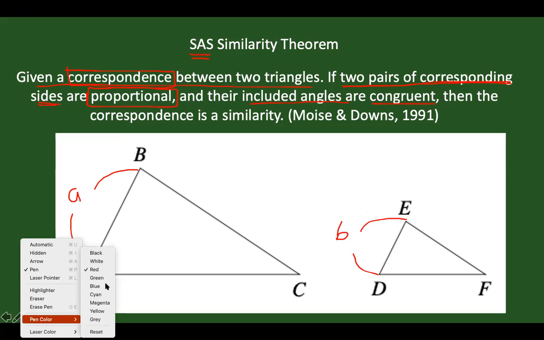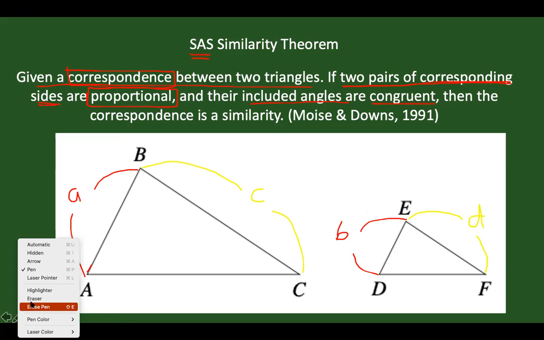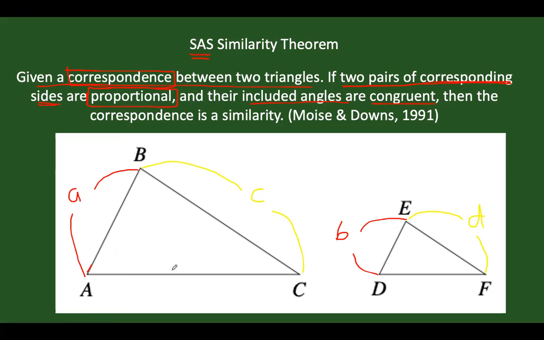And also, let's say BC corresponds to EF. And let's say this is our C, and this is our D. Okay, so we have already identified the two pairs of corresponding parts.